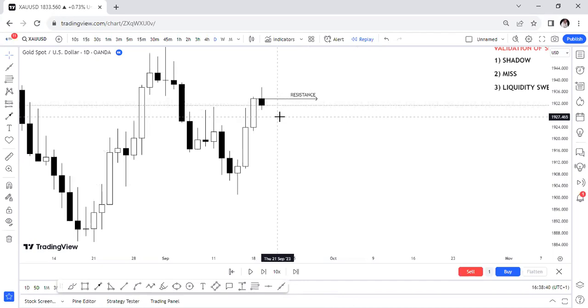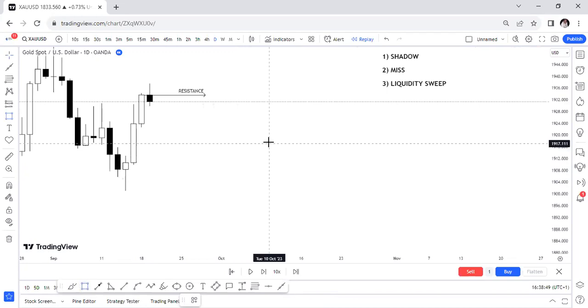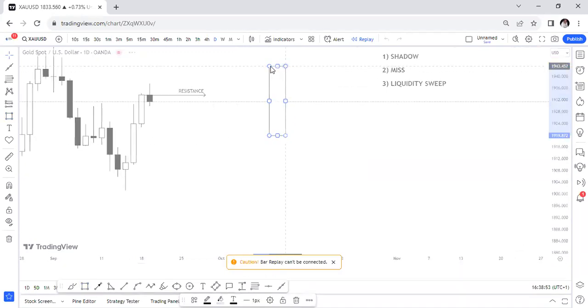What is a sign of price rejection? I tell you, it is simply a wick. If a candle forms like this, it went higher, so this forms the high of the candlestick, right?